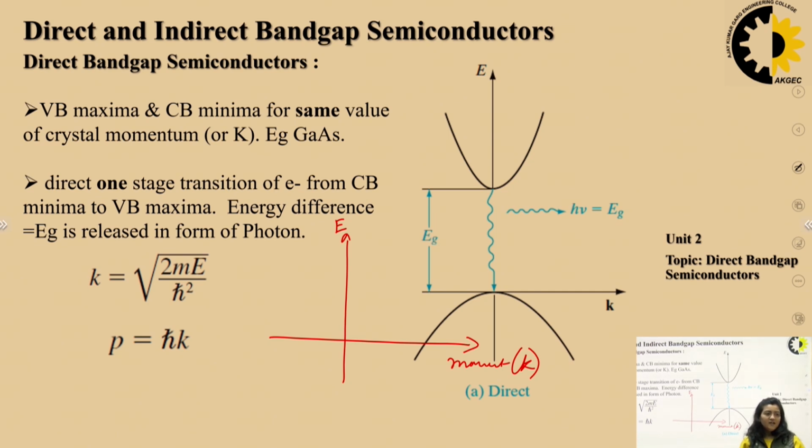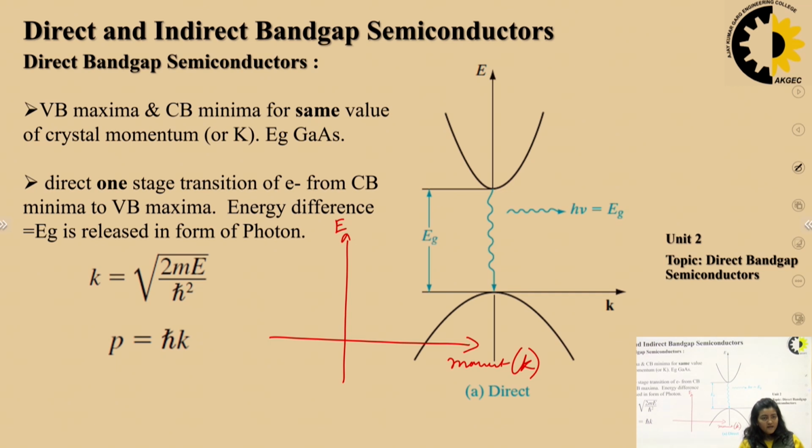We will see the relation between the energy and the momentum of that charge carrier. Based on the momentum and energies, we will differentiate semiconductors into direct and indirect band gap semiconductors.